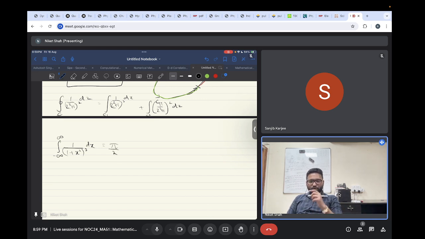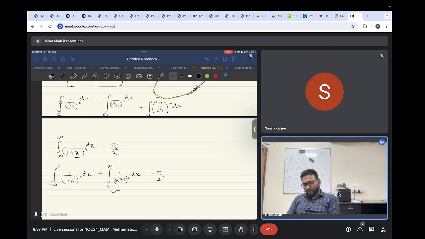But the question is 0 to infinity and not minus infinity to infinity, but this is an even function. So whatever its value is from minus infinity to 0 will be the same value from 0 to infinity. This value plus this value will make the total value, and both of these bits have to be equal. Minus infinity to 0, 1 upon (1 plus x square) the whole square dx plus 0 to infinity 1 upon (x square plus 1) the whole square dx is equal to pi by 2.